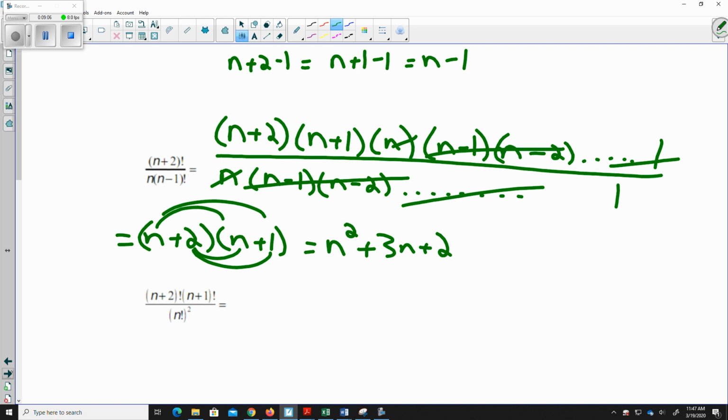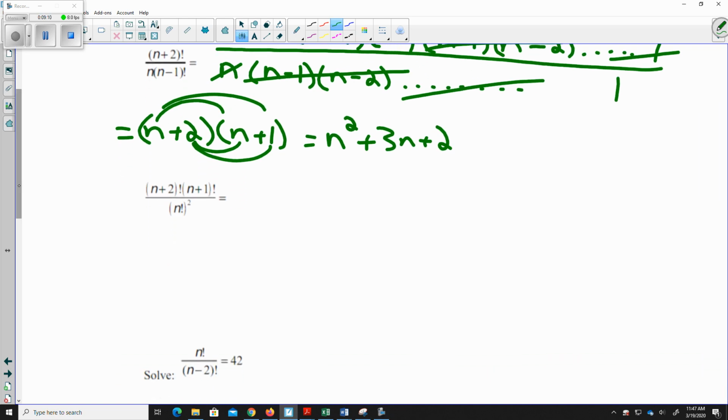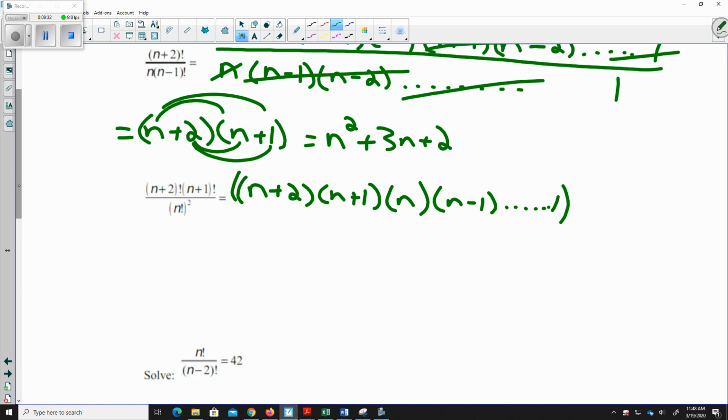And the same here can be said for this one. If you want, pause it for a second. Try just writing out the numerator and seeing what you get. All right, so n plus 2 factorial, right, just reducing it by 1. That's the first one. Times n plus 1.